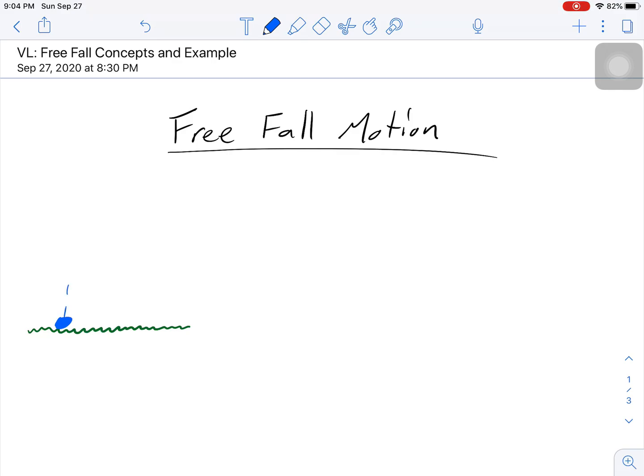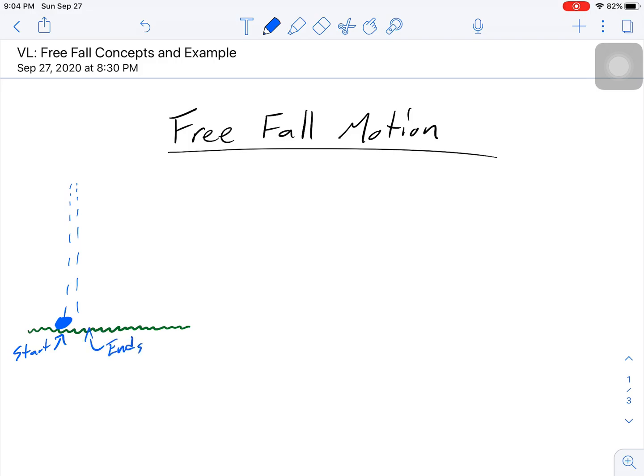Right, so it goes straight up, it slows down, and then it comes right back down to the same height. So here is where it starts. Here's where it ends.